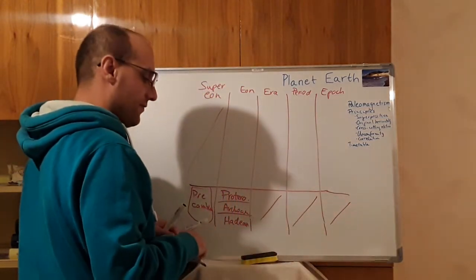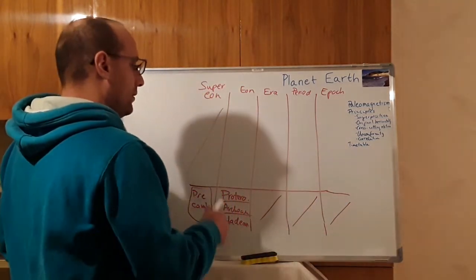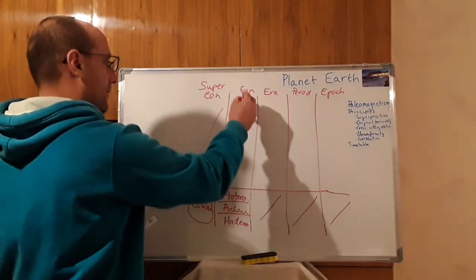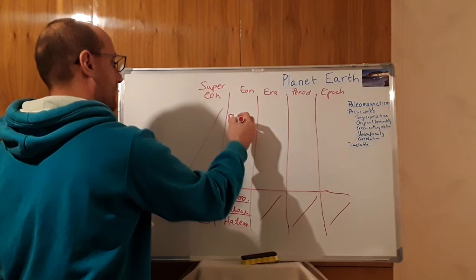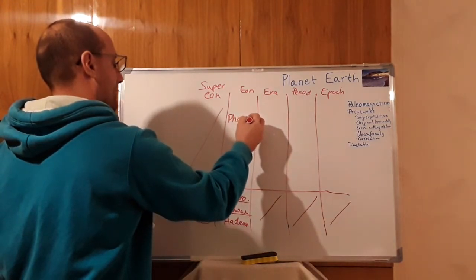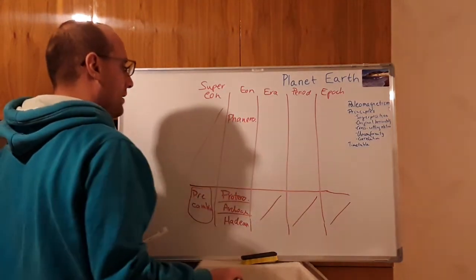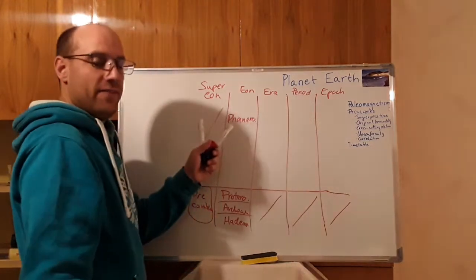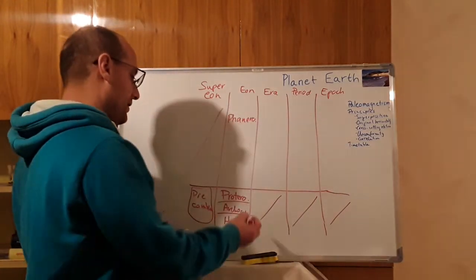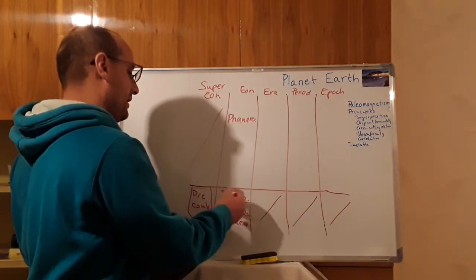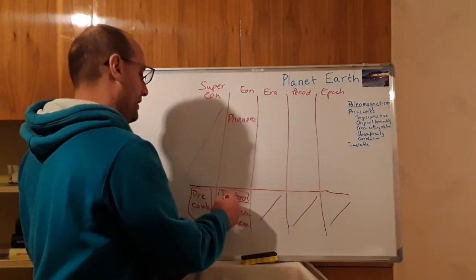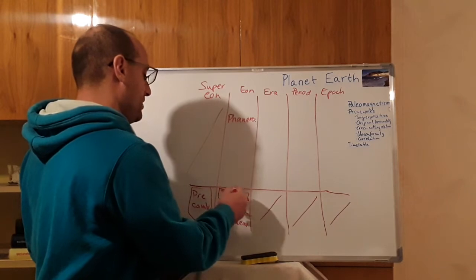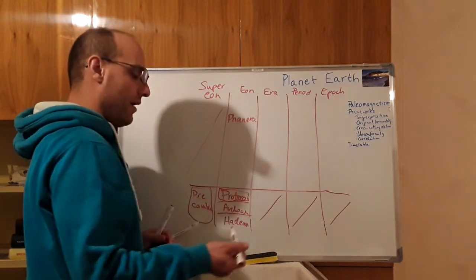It's not interesting for us. What will be interesting is the eon over here, which is the Phanerozoic. This means that we have visible animals and so on. The Proterozoic is where we say that there are the ancient forms of life that we know about.